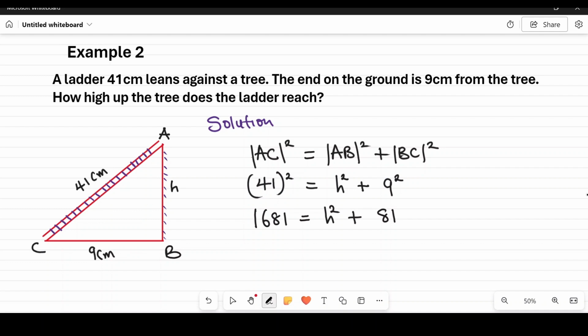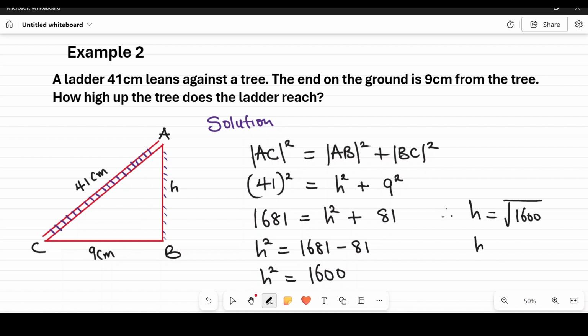Now, if we make H squared our subject, H squared will be equal to 1681 minus 81. H squared will be equal to 1600. So therefore, our H, if we take the root of both sides, will be equal to square root of 1600. So H will be equal to 40 cm.